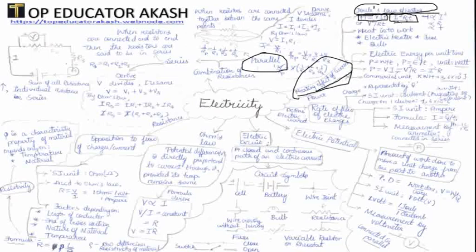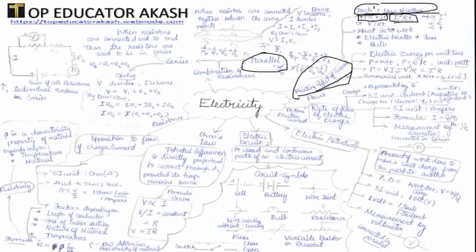Before knowing the formula, we just need to know the statement. So what is the statement? The heat energy produced in the circuit is directly proportional to the square of the current, the resistance across the circuit, and the time taken for the current to flow. This is just a simple way of defining Joule's law of heating.